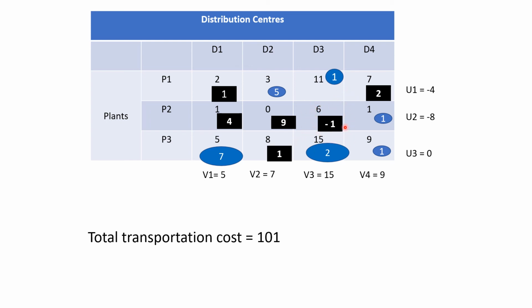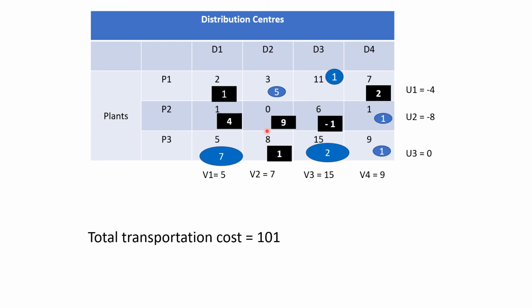This negative means what? This means this particular cell wants to come into my solution. If this particular cell wants to come into my solution, then one should leave out of the allocated cells, right? Now, if this cell comes into my solution, the cost will improve by 1 per allocation. So if I have allocated 1 here, then my total cost will get reduced by 1.